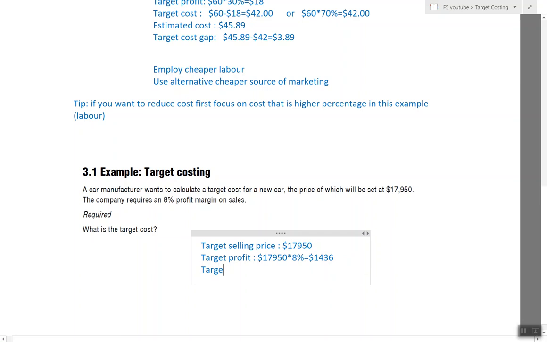That means our target cost is 17,950 minus 1,436. Without having to go through all these steps, what you could have simply done is take the 17,950 and multiply by 92%, which is 100% minus 8%, giving 92%. So 16,514, which is the same answer here.